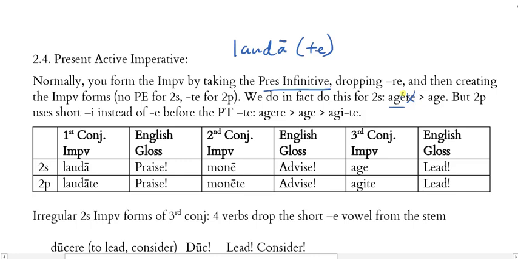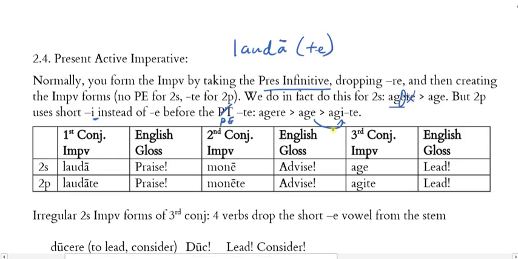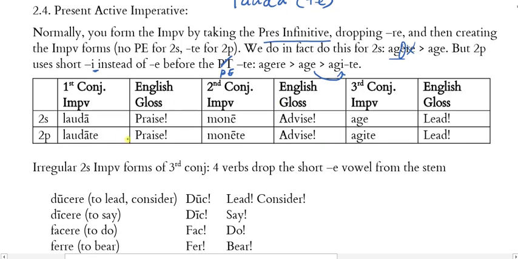This short e right here is going to become a short i instead. That should be the personal ending, te. So agere, drop the re, I have age, but then the e shifts to an i and I get agite. And so here the third conjugation imperative, second plural, will look different than normal.